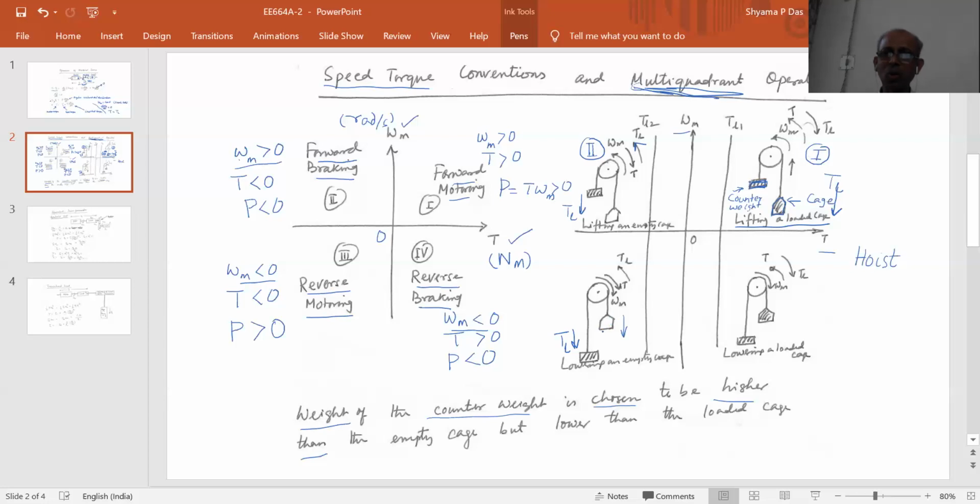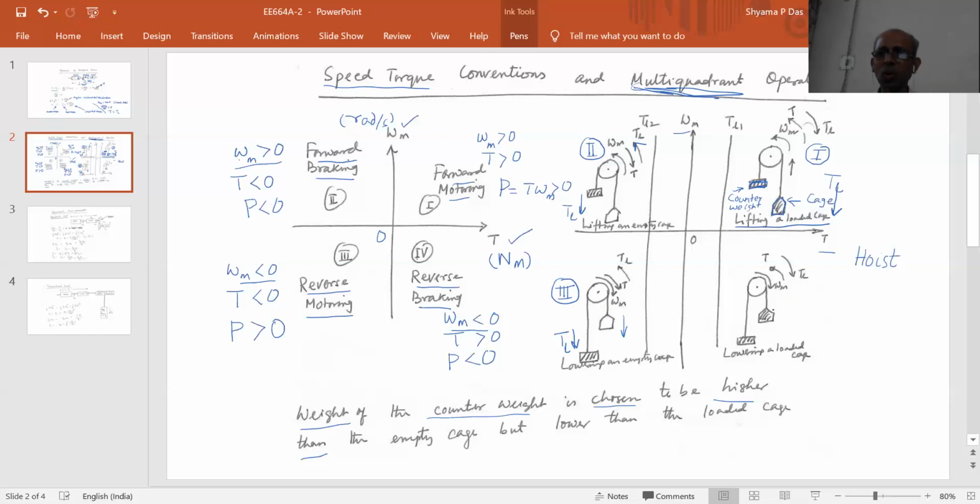So the direction of speed is clockwise. The direction of torque is clockwise. Both T and omega m are negative, power is positive. So this corresponds to reverse motoring. So the third quadrant corresponds to reverse motoring.